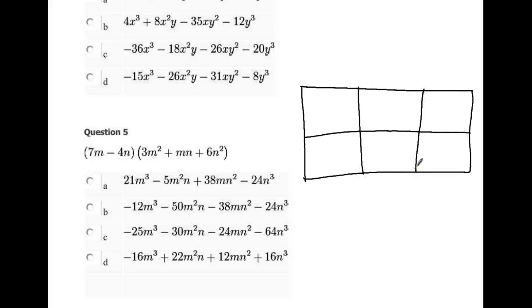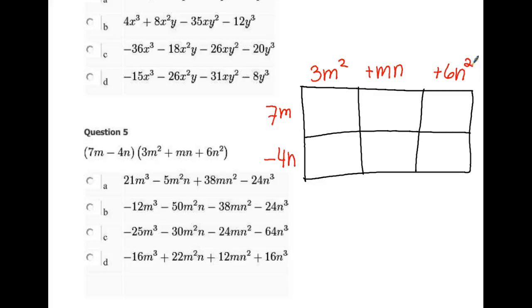Okay. The first parenthesis has 7m minus 4n. The second parenthesis has 3m squared plus mn plus 6n squared.